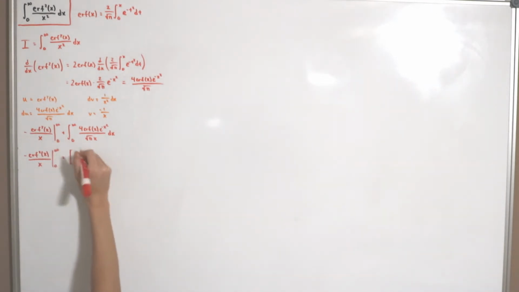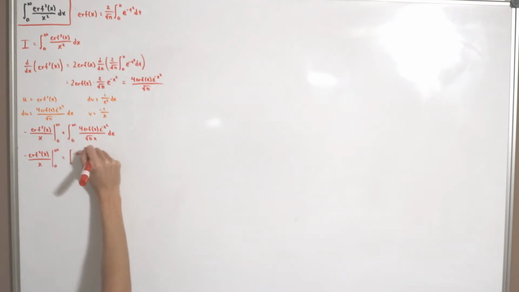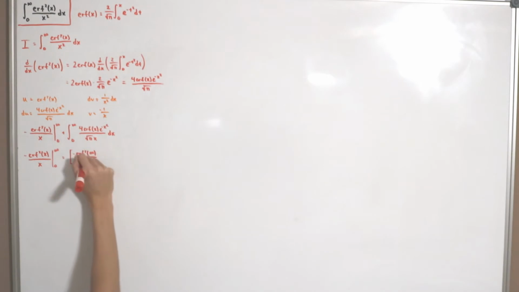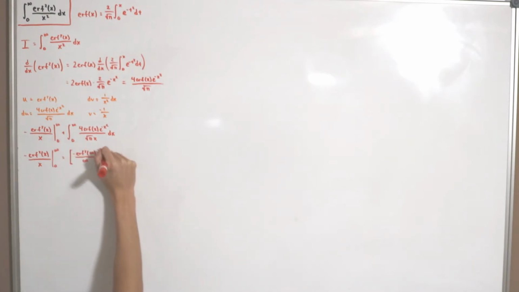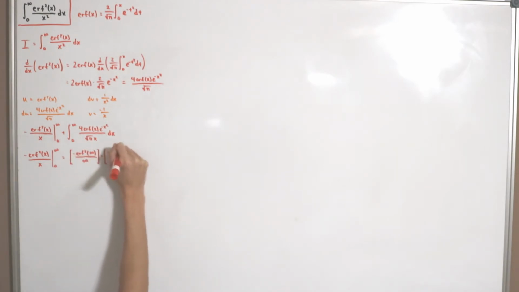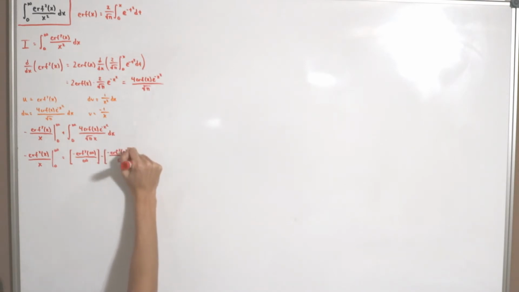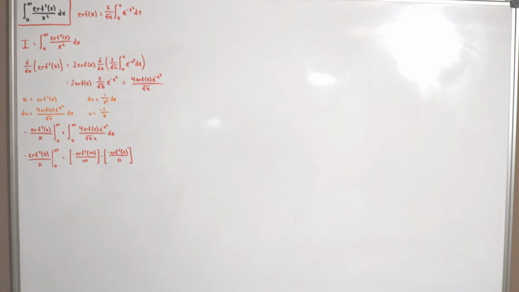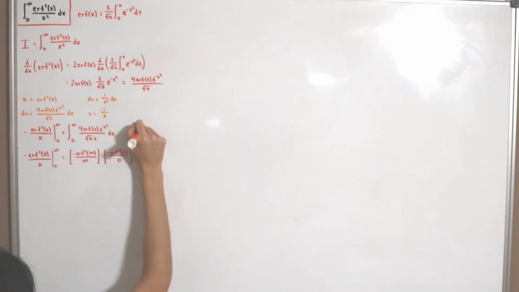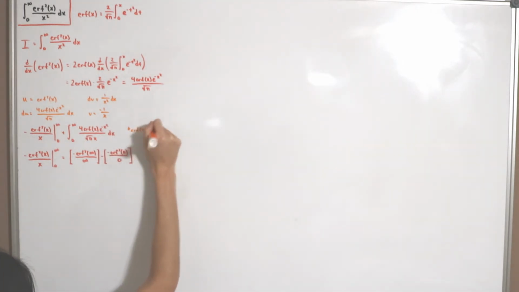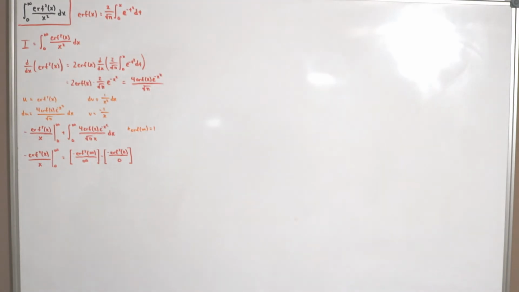This is negative error function squared at infinity divided by infinity, and then minus negative error function squared of 0 divided by 0. One thing to note, and you can calculate this yourself, is that the error function evaluated at infinity is just equal to 1. So if you square that, you're still going to get 1. So that'll just replace that.